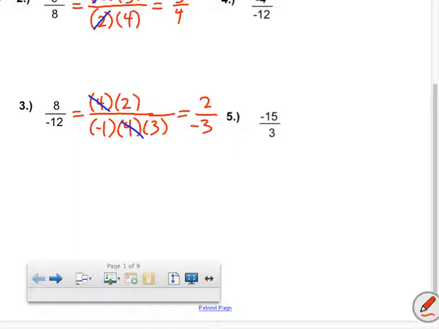So my answer is 2 over a negative 3, but if you're dividing different signs, so if you take 2 and divide it by a negative 3, what would the resulting sign be? Different signs. It's going to be negative. Same signs positive, different signs negative. So it's negative 2/3. Got it? Okay.